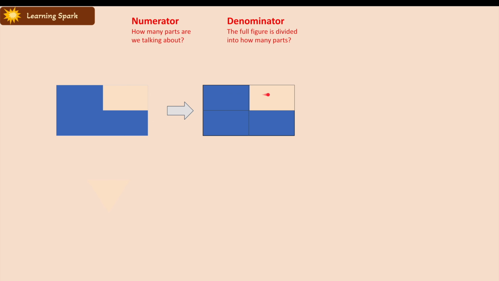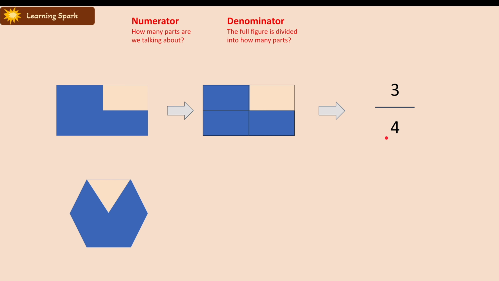So how many total parts are there? 4 parts. And how many parts are we taking to form this shape? We are taking 3 parts, 1, 2, 3. This part is not there. So out of 4 parts, which is the denominator, we are taking 3 parts, which sits in the numerator. And the fraction becomes 3 by 4.